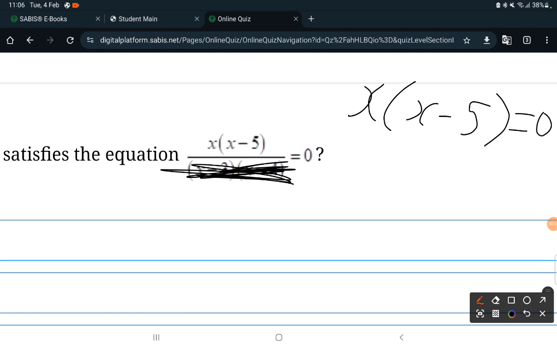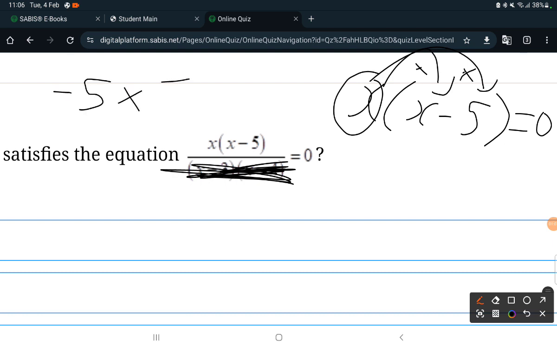Okay, so let's focus on the x outside the bracket. When something is outside the bracket, it is distributed to what's inside the bracket, so it's multiplied. Whatever is inside the bracket is multiplied by whatever is outside. The only number that, when multiplied by a constant number, could equal 0 is obviously 0.